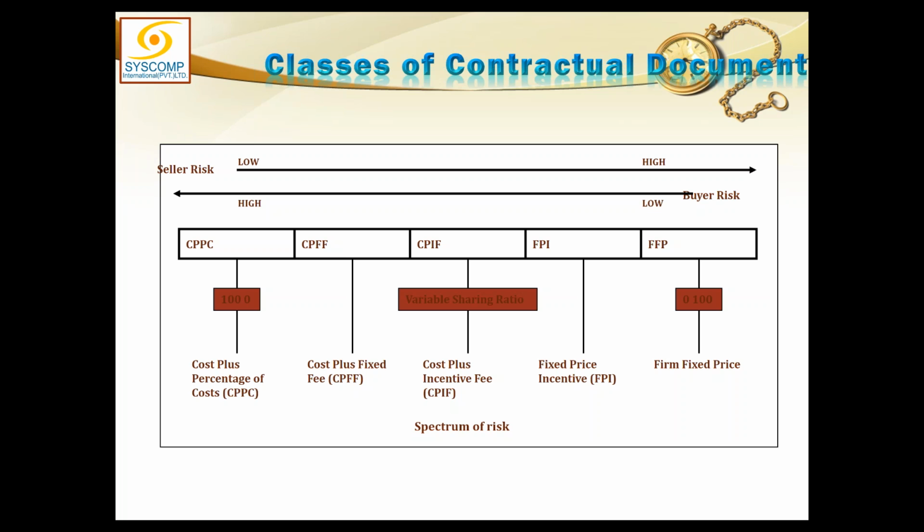So I say, you construct my house, and whatever is the cost of material, I will pay you promptly. That is cost reimbursable. You show me the bills, I'll pay you for whatever you have bought.